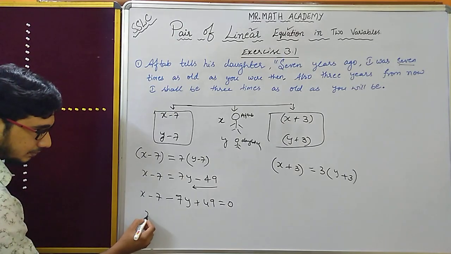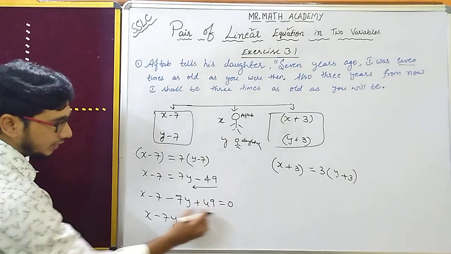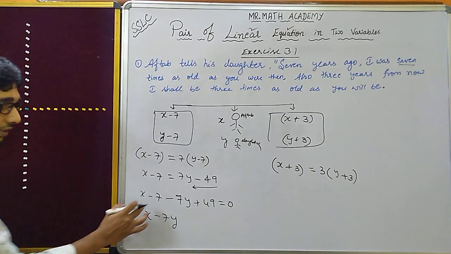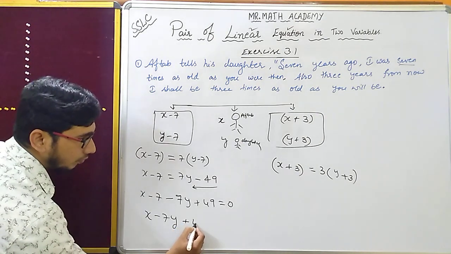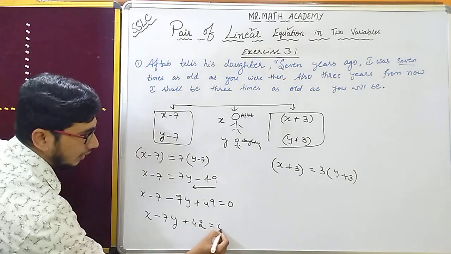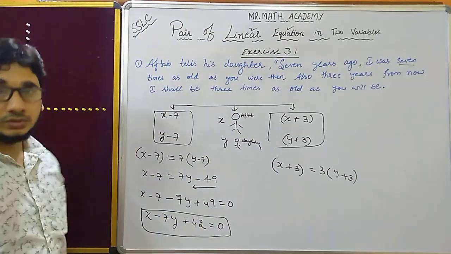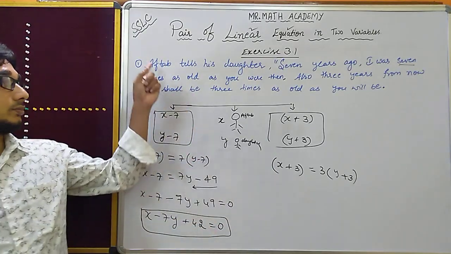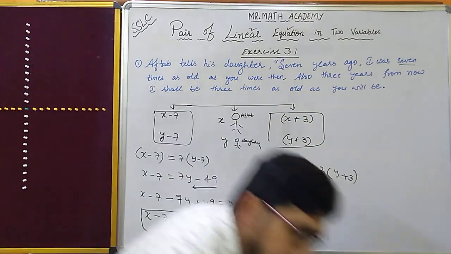X as it is, minus 7y as it is. In 49, if you subtract 7, how much will you get? Plus 42 is equal to 0. This is the equation. The question was like this.